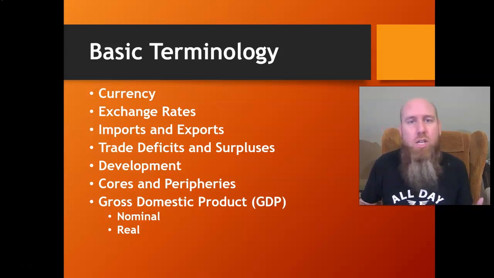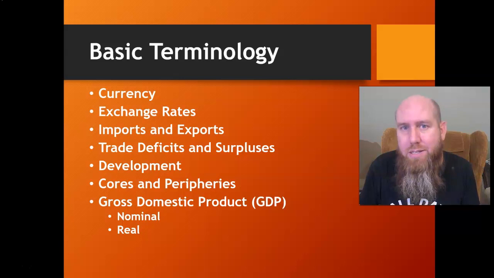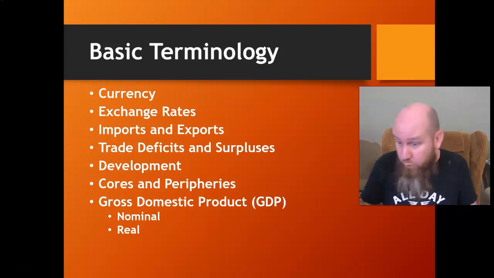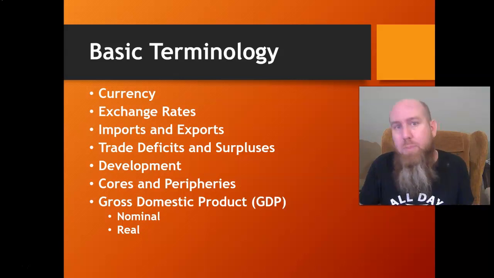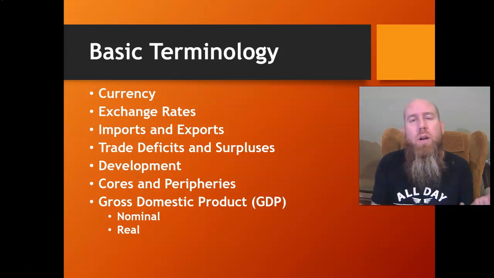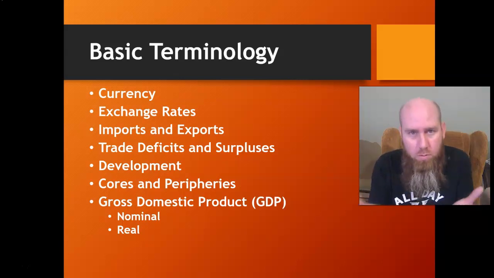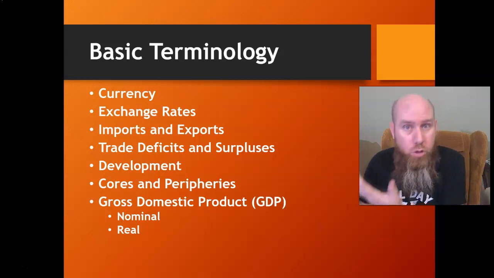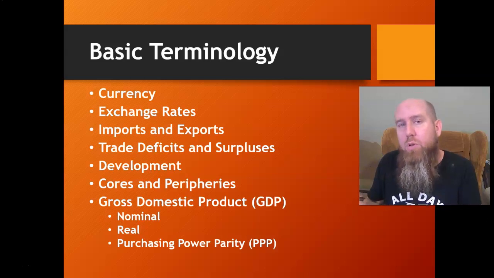Because money just doesn't go as far in New York City as it does here in Norfolk. Our cost of living is lower. Food is cheaper here. Rent is cheaper here. And so if we wanted to compare the money that we make here to the money we would make in New York City, we would have to look at what we call purchasing power parity, or PPP.